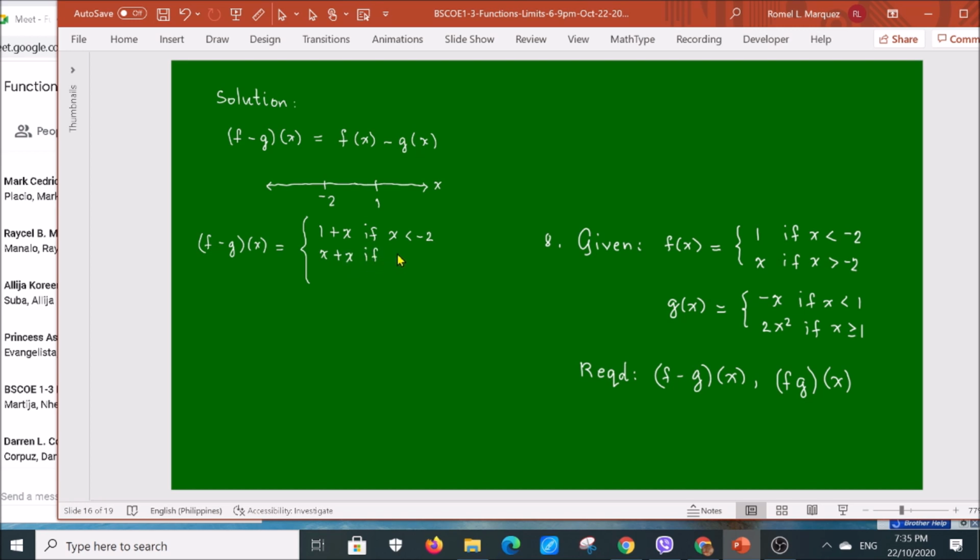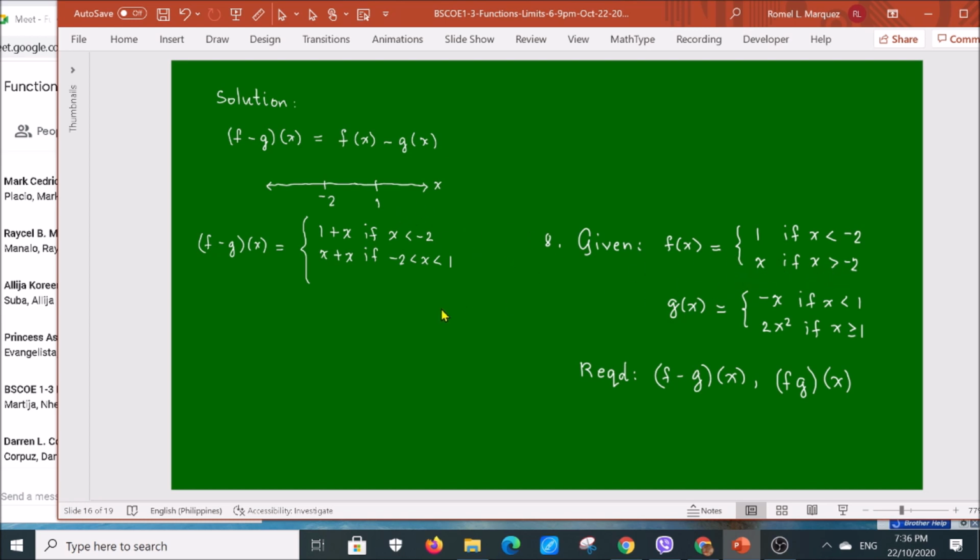That is if x is between negative 2 and 1. Okay? Now, what about if x is to the right of 1? To the right of 1, so it is greater than negative 2.